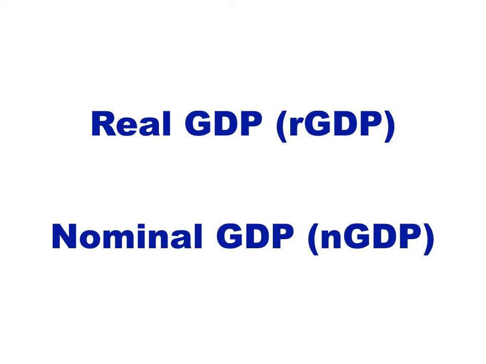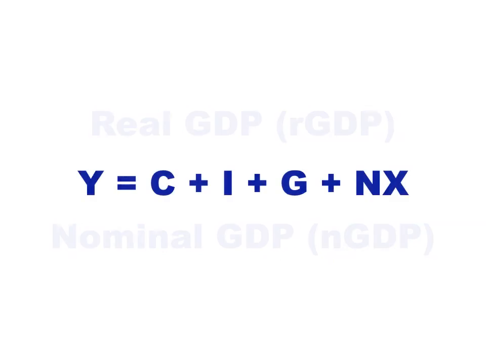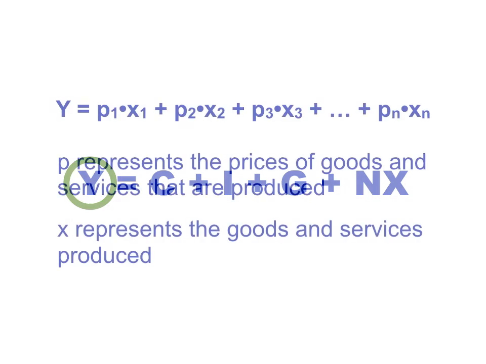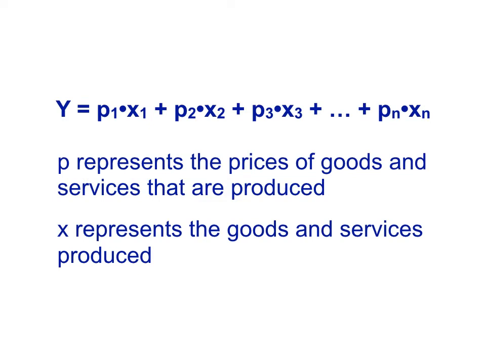So let's start to talk about real GDP and nominal GDP. When we're calculating these, we're calculating all production, right? So we're basically going to be looking at everything produced within the economy. And the way that we do this is we take the price of some good and multiply it by the quantity of that good. So the price of apples multiplied by the quantity of apples. The price of bananas multiplied by the quantity of bananas.